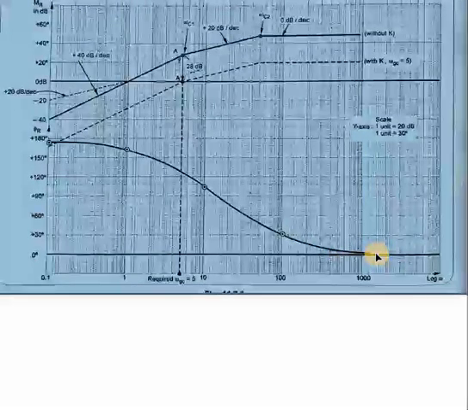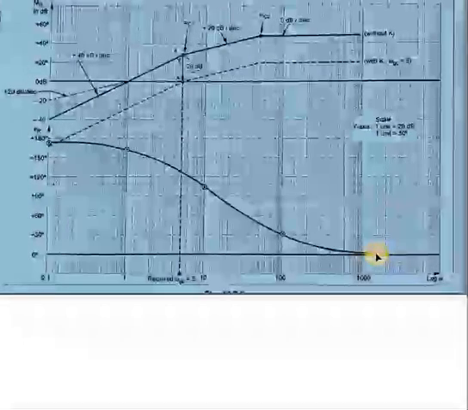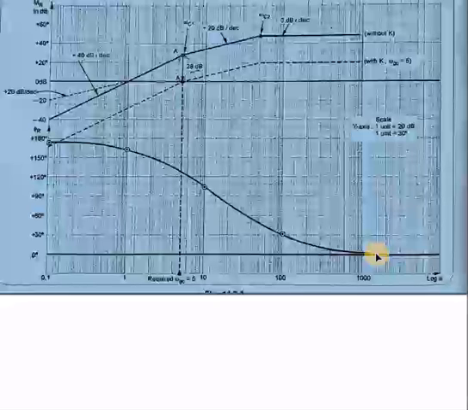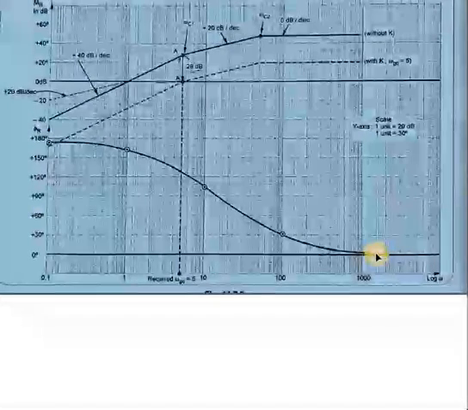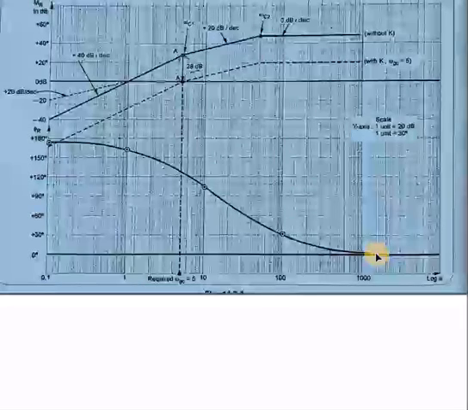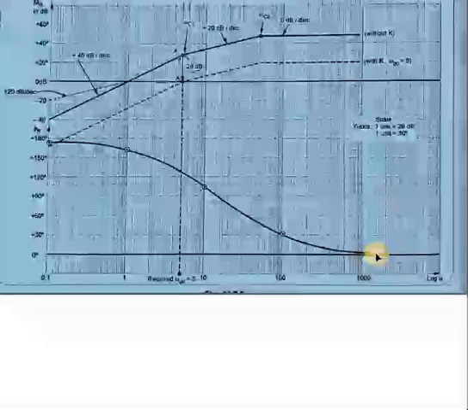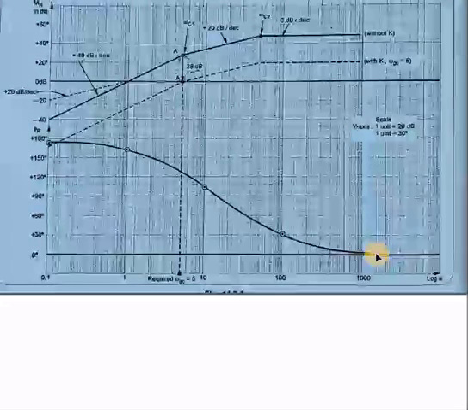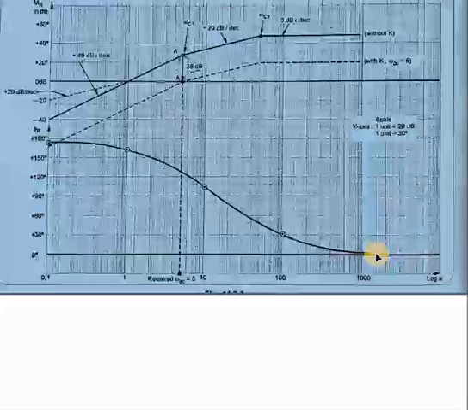Okay, now what he has asked, he asked us to calculate the K value. So to calculate the K value, he has given one condition, that what is the value of K if omega GC is 5. So earlier in the previous problem we used to determine the omega GC based on the intersection of magnitude plot with the 0 dB line.